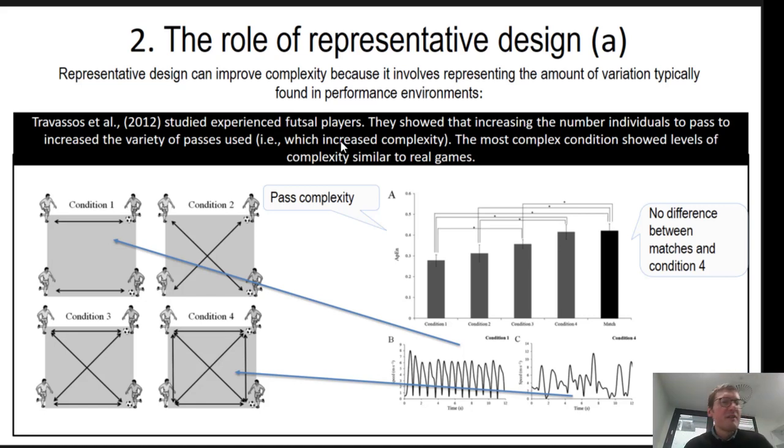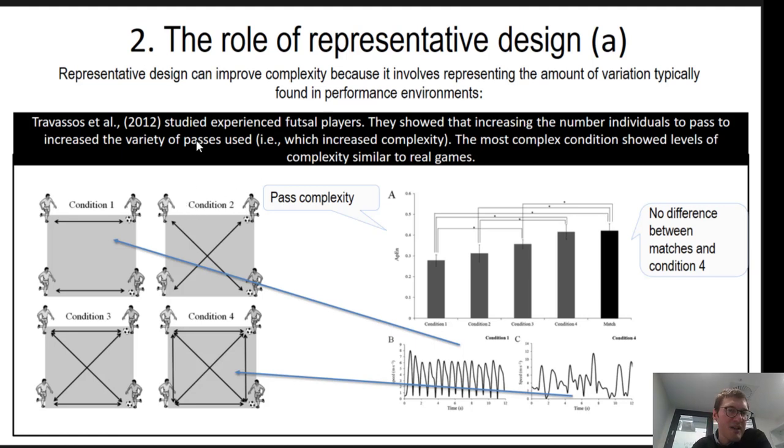There's also an example of this in sport, and one of the ways that we can increase the complexity of an athlete's performance behavior is by manipulating conditions or constraints to create more complex conditions of practice, or practice which is potentially more representative of the competition situation. And I'll walk you through an experiment to exemplify.